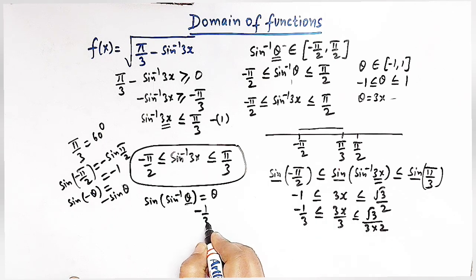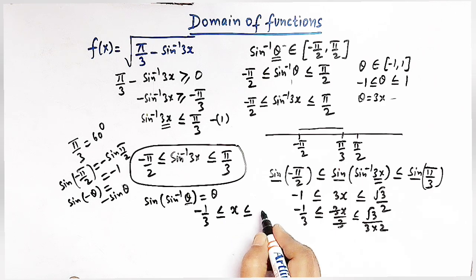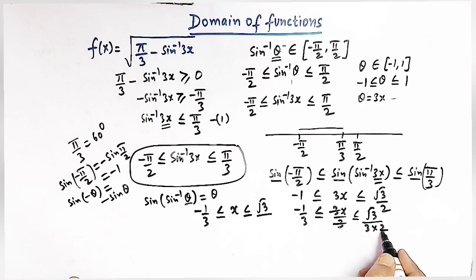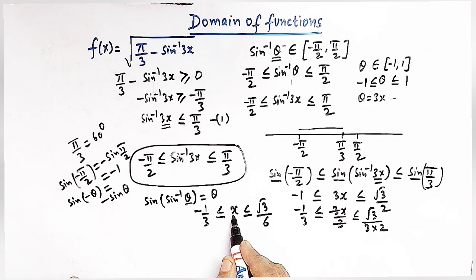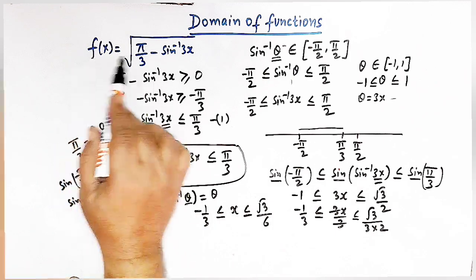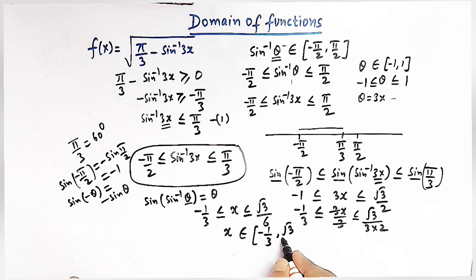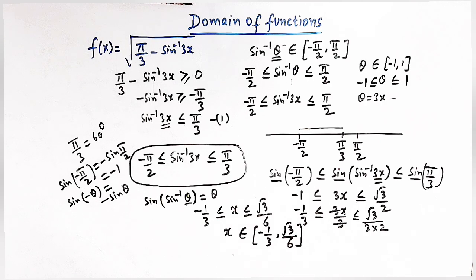Here 3 and 3 get cancelled, and we have root 3 over 6. So x lies between minus 1 over 3 and root 3 over 6, including both extreme points, right? So the domain of this function is x belonging to the interval minus 1 over 3 to root 3 over 6.